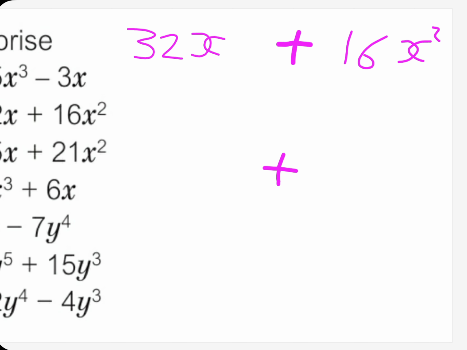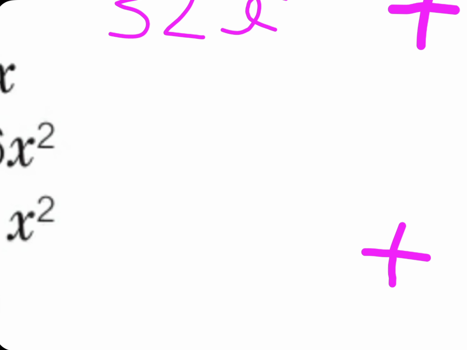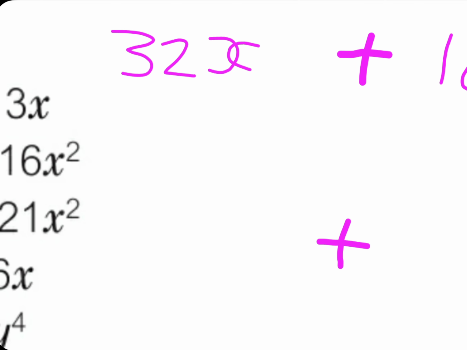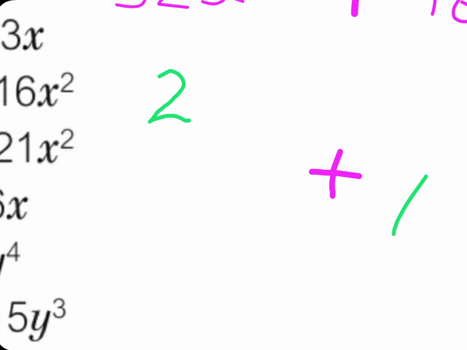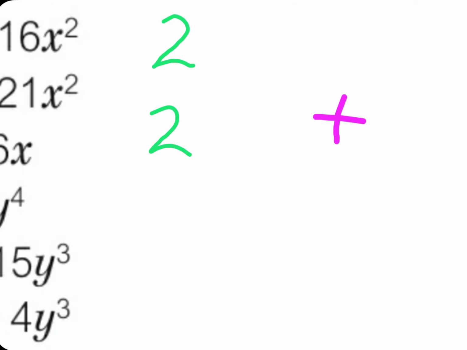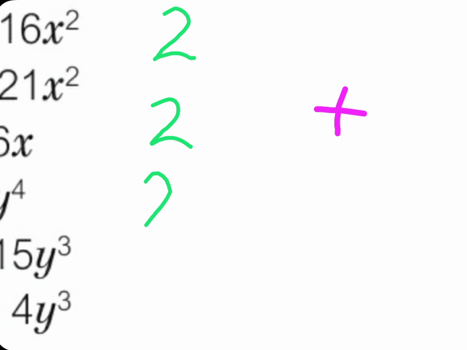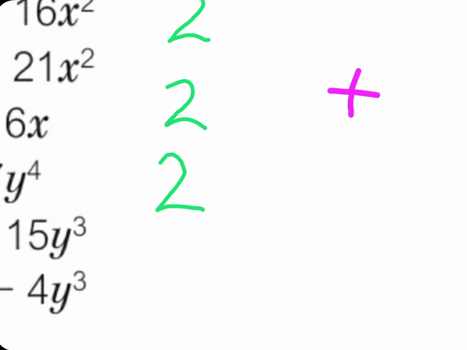Now, 32, when I open it, what do I get? Very good. 32, when you divide it by 2, you get 16. Good. And then 16, when you divide it by 2, you get 8. And when you divide 8 by 2, you get 4, and then you divide 4 by 2, you get 2.